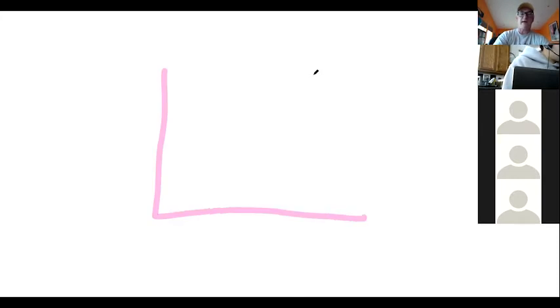What are we going to plot? So we have x here and we have y here. What is it we're going to plot? If we want to determine the density, what is it we're going to put on the x-axis and what are we going to put on the y-axis?